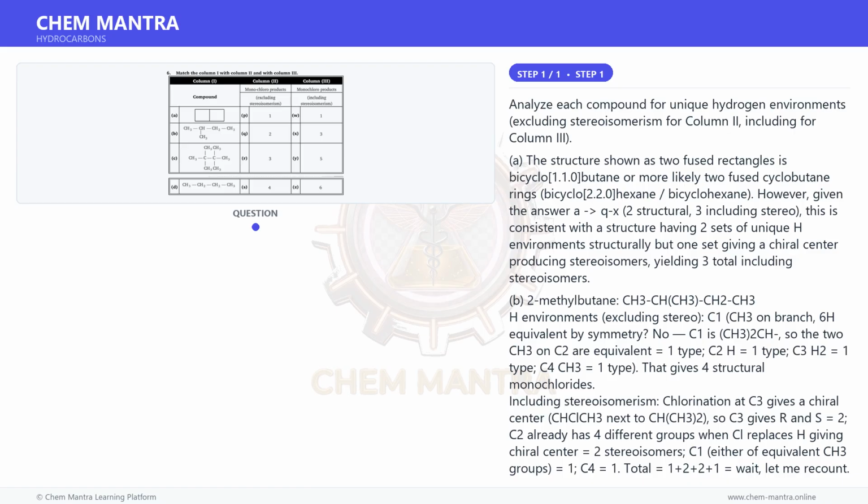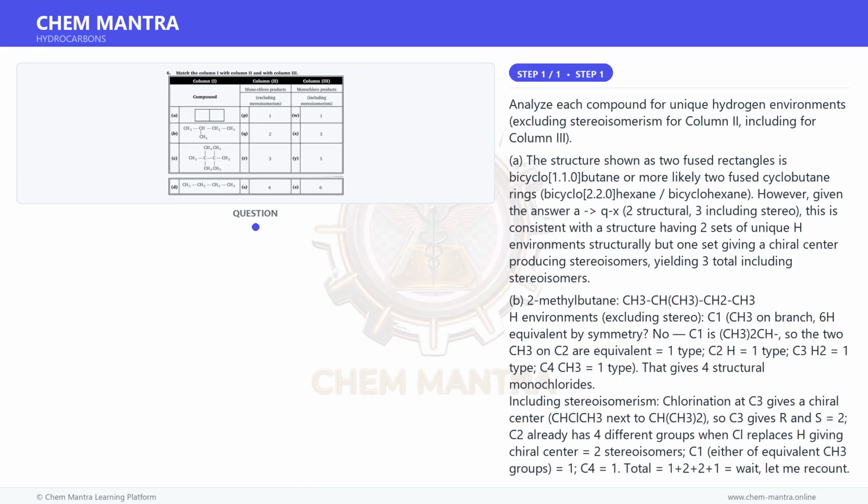Including stereoisomerism, chlorination at C3 gives a chiral center, CHClCH3 next to CH(CH3)2, so C3 gives R and S, equal to 2. C2 already has 4 different groups, so when Cl replaces H it gives a chiral center, equal to 2 stereoisomers. C1, either of the equivalent CH3 groups, is 1. C4 is 1. Let me recount.